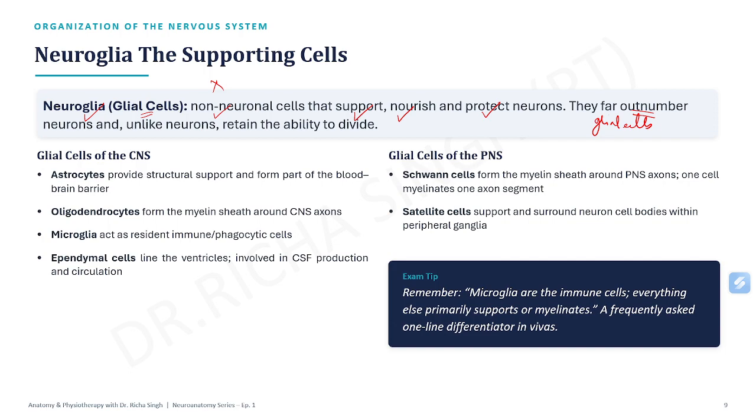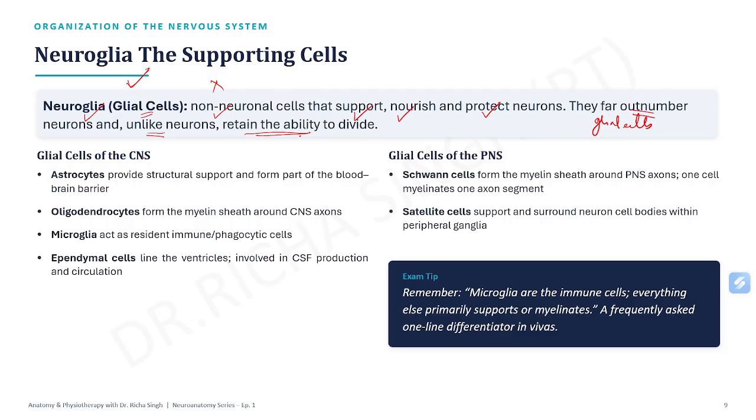So the number of glial cells in a neuronal system is more than the neurons themselves. And unlike neurons, glial cells retain the ability to divide, but neurons cannot divide.